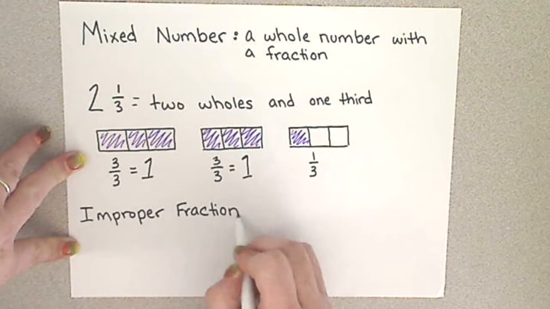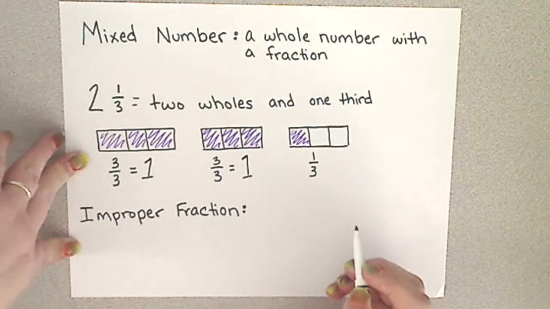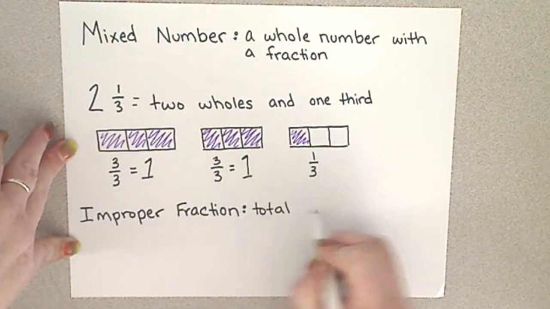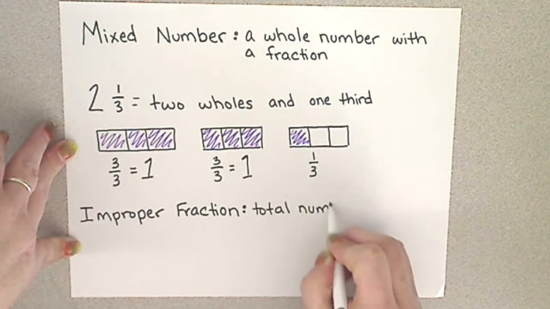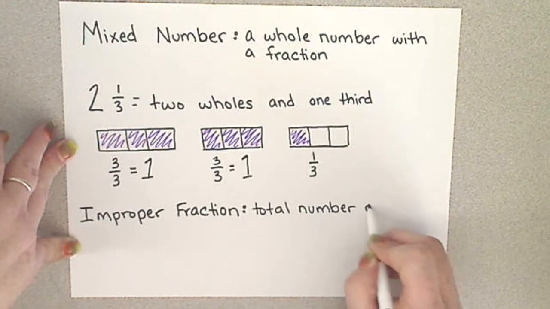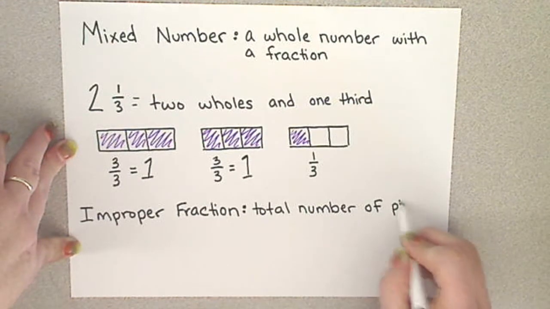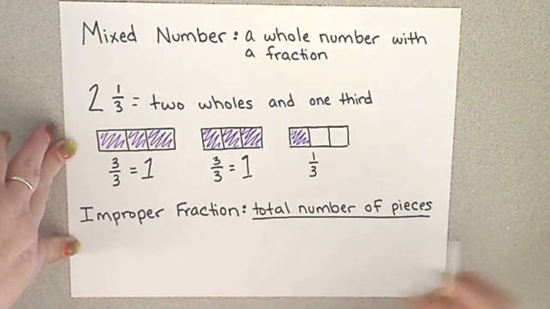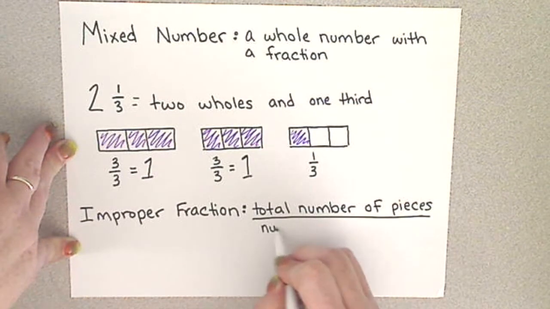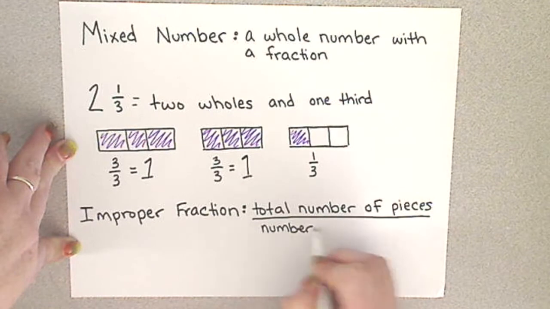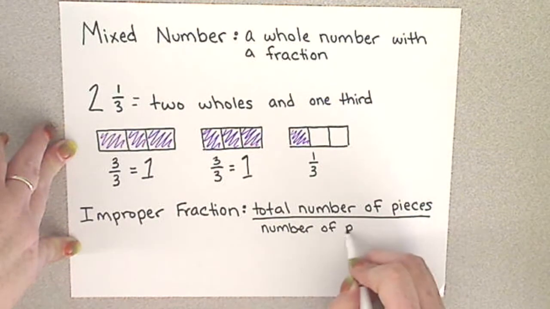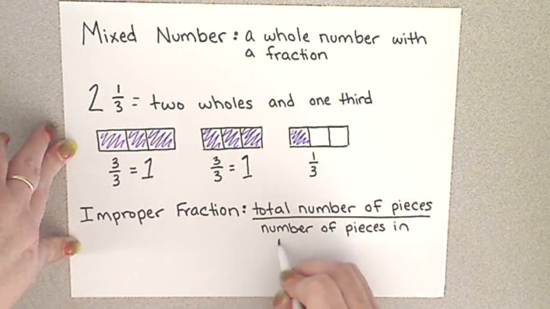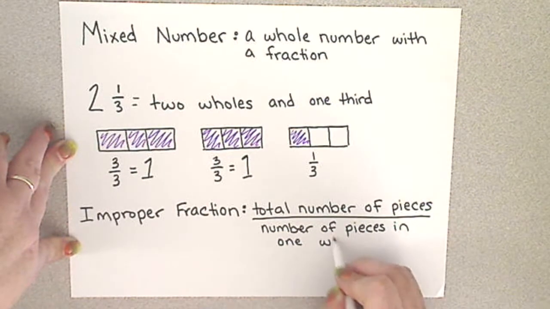Now, an improper fraction has the total number of pieces over the number of pieces or parts in one whole.